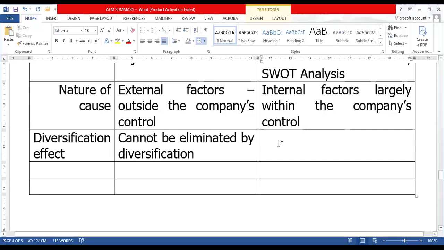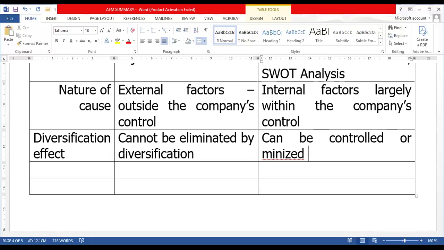Then unsystematic risk can be eliminated or minimized. We cannot say eliminated; it can be controlled or minimized, because it may not be eliminated entirely. Minimized through diversification.